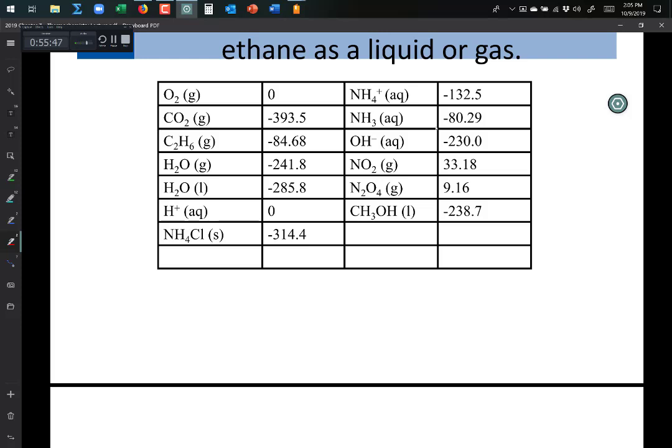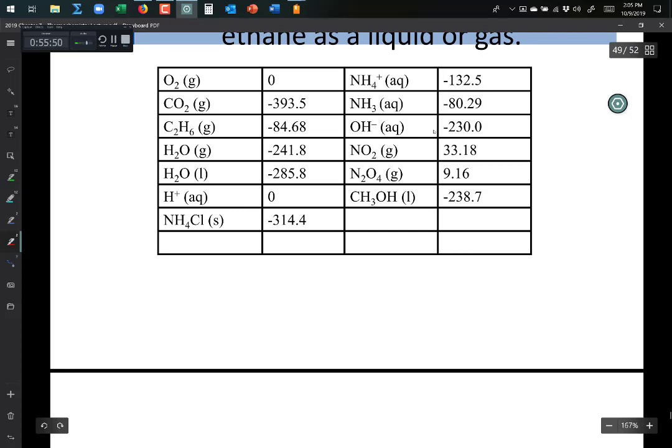So I'm going to do the heat of combustion for methanol, and we're going to calculate it using standard enthalpies. So first of all, I have to have an equation. I'm going to say CH3OH liquid plus, what does the combustion reaction need? O2 gas. And what's it going to make?